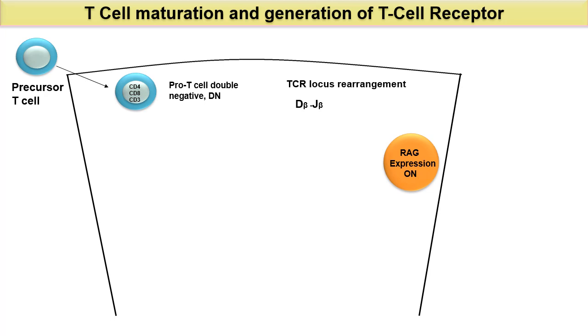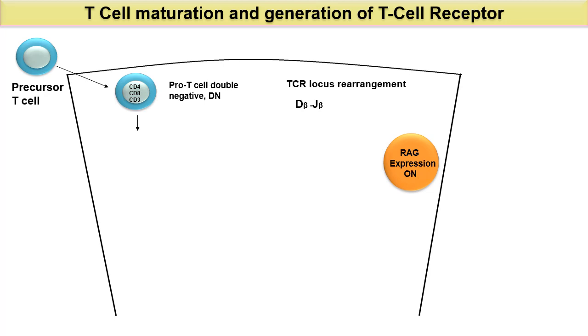So, VDJ recombination is a process that occurs in the early stages of T-cell and B-cell maturation. T-cell receptor needs to generate diversity because there are billions of pathogenic antigens, and the main job of the T-cell receptor is to recognize them. Therefore, the diversity of T-cell receptor is needed.